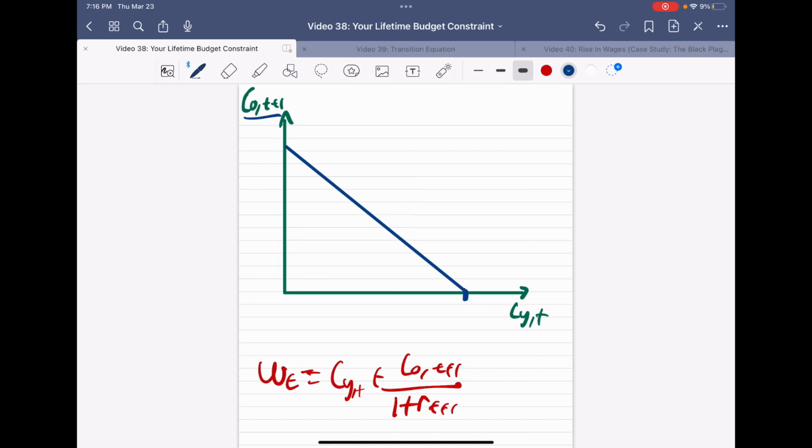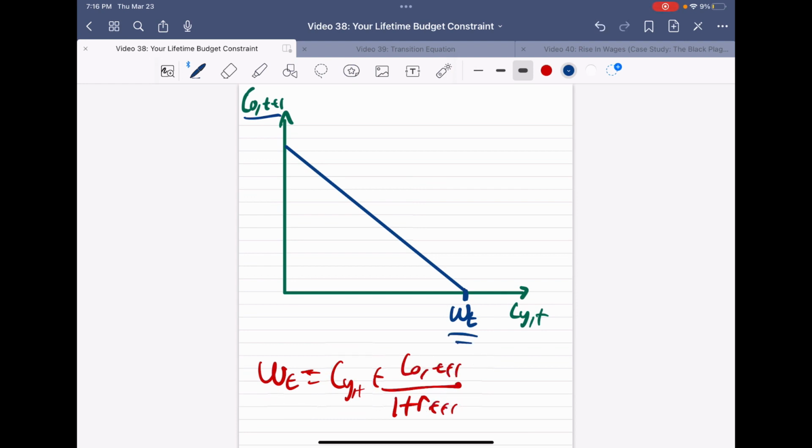Our x-intercept, meaning consuming everything when we're young, is W_t. Why is this? Because if we set consumption when old to 0, then it will be 0 over 1 plus r_t+1, which is 0, and our C_Y,t will equal W_t. This one will be gone. And that's how we can show it in our graph.